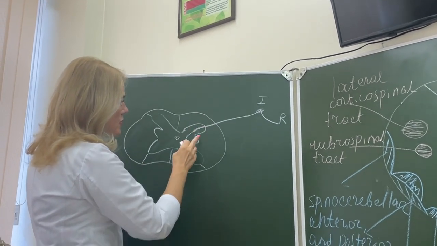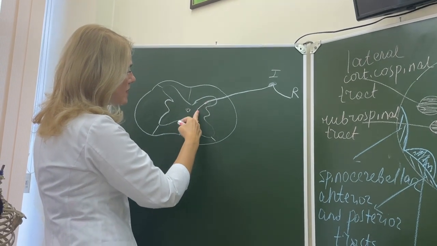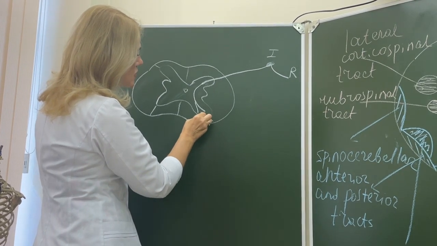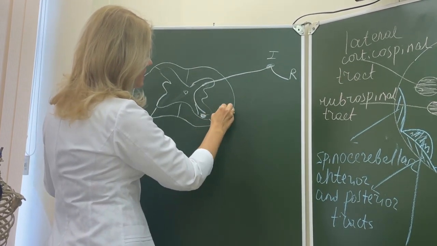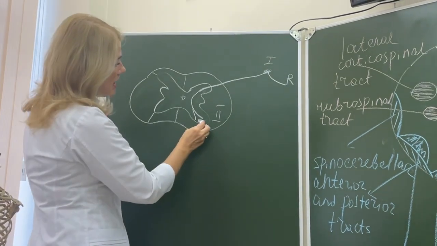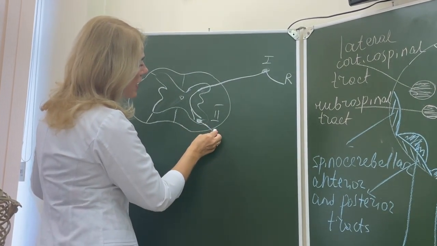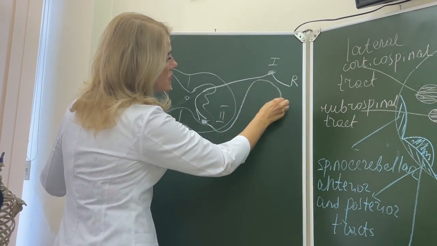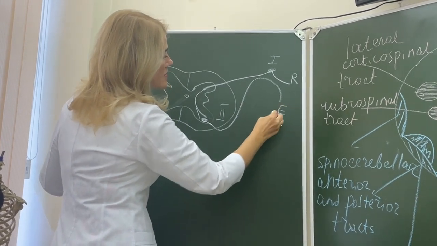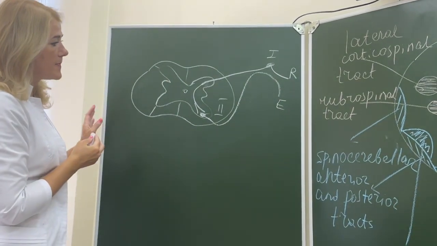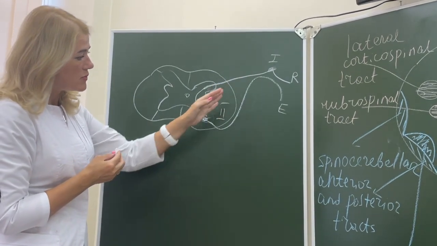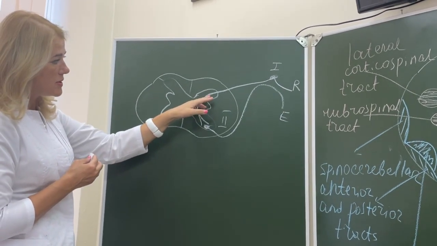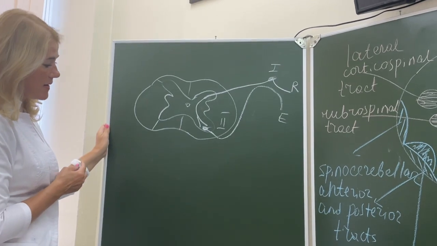If there are only two neurons, these two nuclei will be passed and the nervous impulses directed towards the motor neurons. Here is the second motor neuron, and the axon of this neuron goes out of the nervous system, joins the sensory neuron and is directed to the effector, some organ, a muscle for example. So there are only two neurons. You see that these were passed. They don't take part in the formation of this reflex arch.